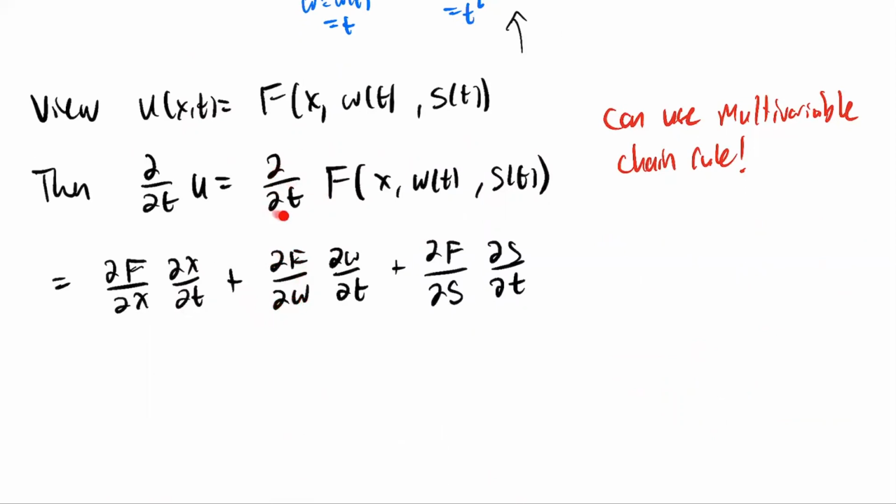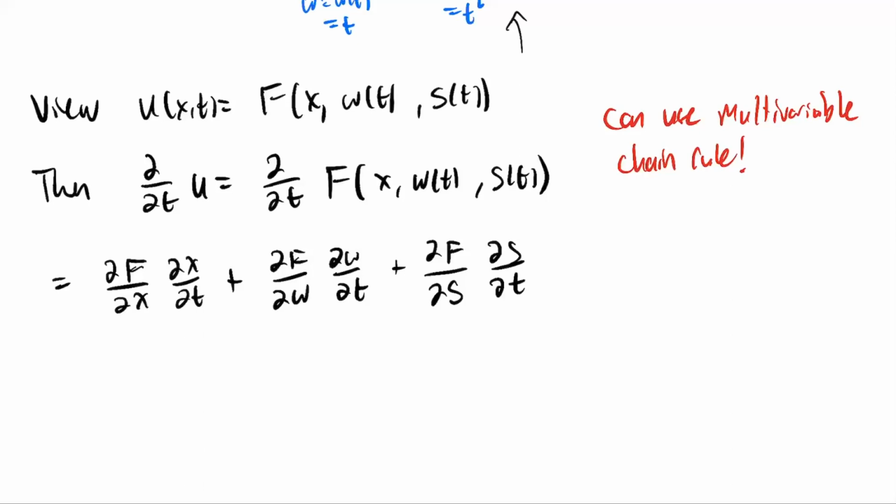But on the left-hand side, we had a du/dt, and these things are not the same, right? So you would be tempted to cancel them out, which you can't do. This is related to some technicalities about what the multivariable chain rule really means, and so on. So this is the reason why we introduced this other variable, to avoid confusion at this point.